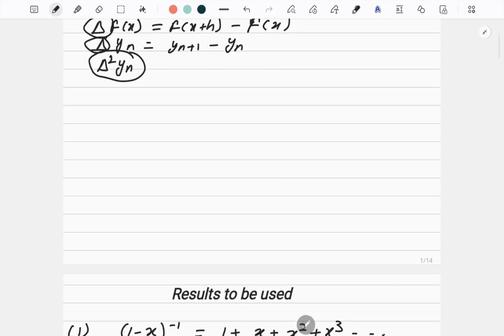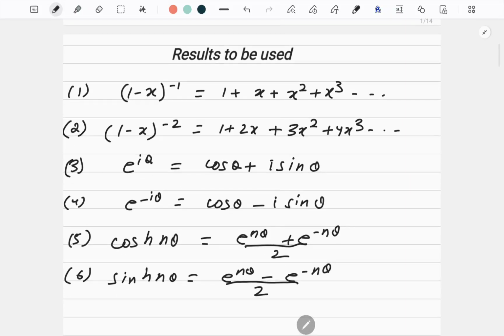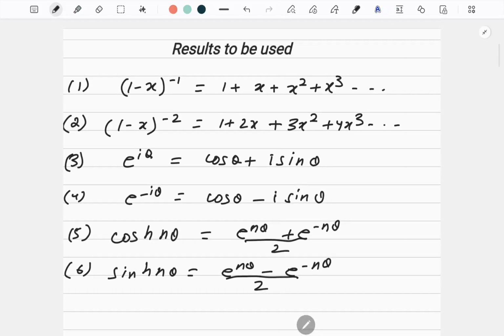Now before starting the basic concept, there are a few results which we have to use. So all of you note down these results. They are very basic results which you have used earlier, and now they are required to solve the questions. The first result is 1 minus x to the power minus 1 is 1 plus x plus x square plus x cube, and it's an infinite series.